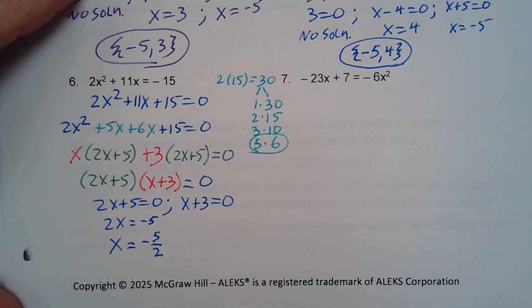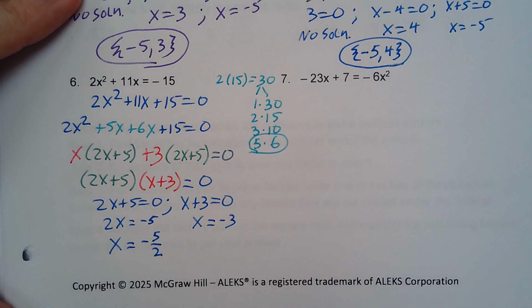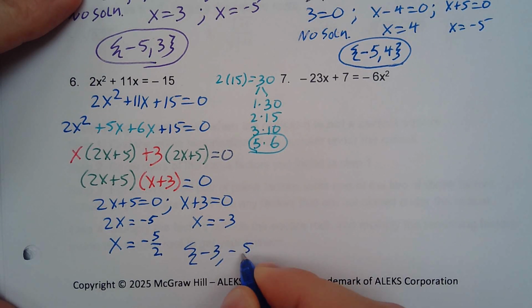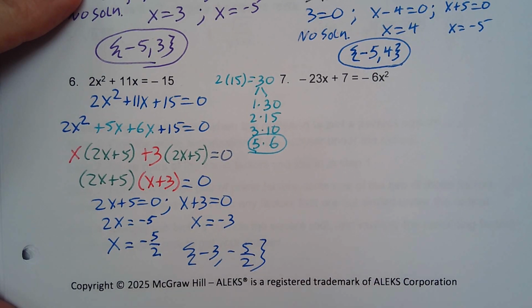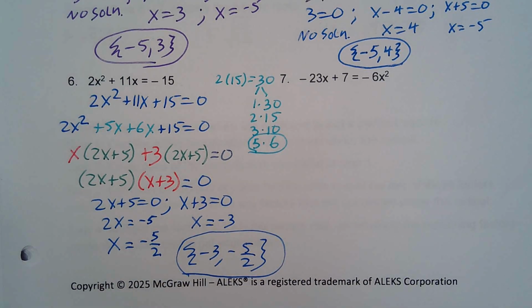The second one, we're just going to subtract 3 from both sides. So our answers are negative 3 and negative 5 halves. Or for you fans of decimals, you can write that as a negative 2.5. Just be very careful in ALEKS, because sometimes they will tell you they want it as a fraction. If they want it as a fraction, then you need to put it as a fraction.